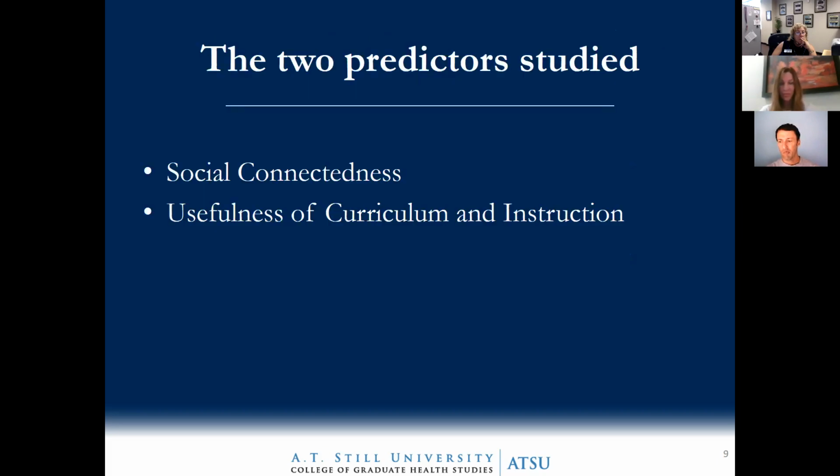So the 2 predictors that I studied in this particular study were social connectedness and the usefulness of the curriculum and instruction in the DRP process from the student's perspective.